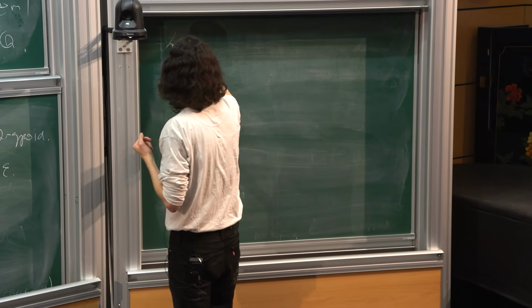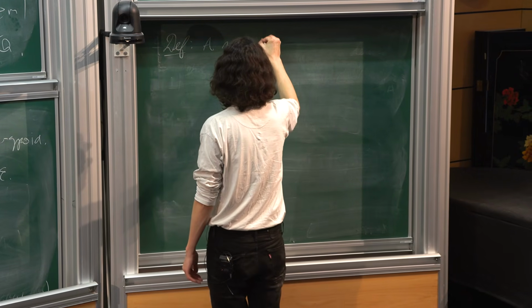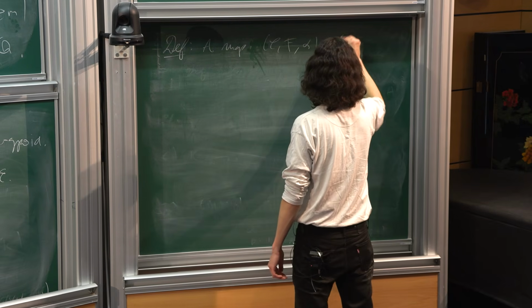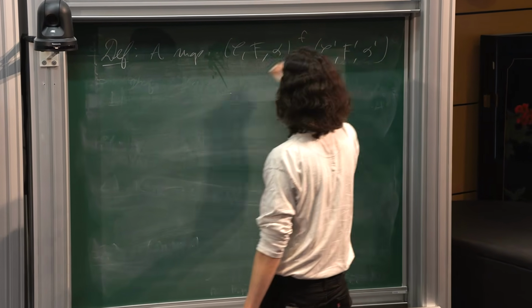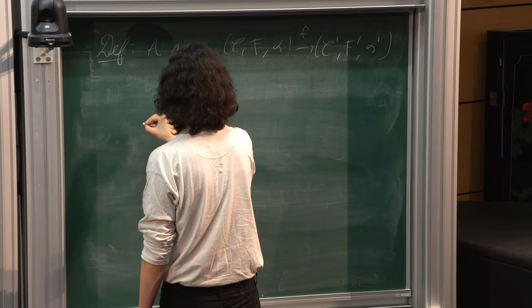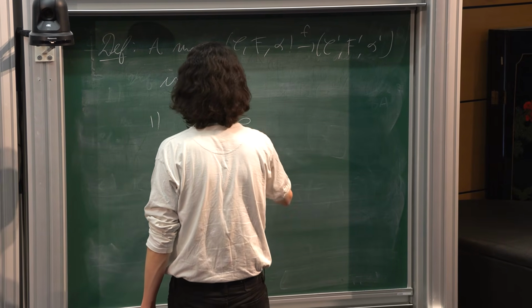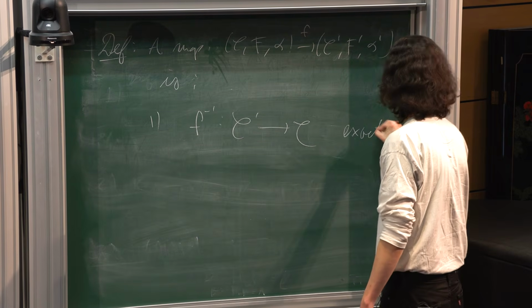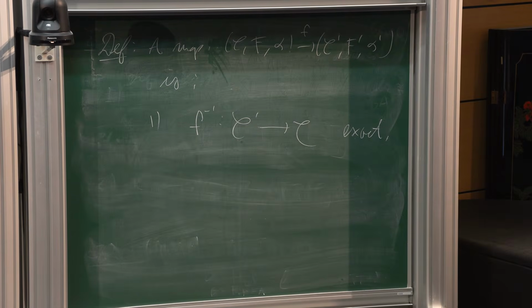Definition: a map of refined class formations. You have to give the following data. The first thing you should give is a pullback functor, an exact functor from this Galois category to this Galois category, which tells you how to pull back.